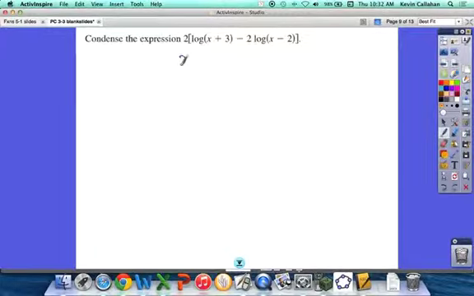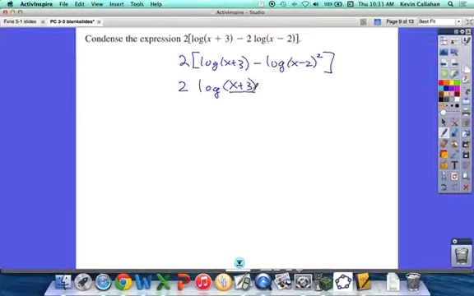It'll be 2 times the log of x plus 3 minus the log of x minus 2 squared. Okay, now we can use the quotient property because it is the difference of logs. So that'll be 2 times the log of x plus 3, I'm going to keep that in parentheses, over x minus 2 squared.